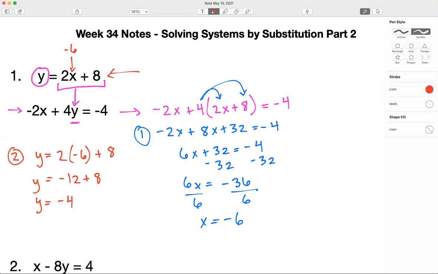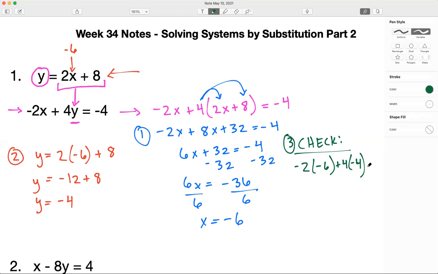If we want to check it for step 3, what we can do is plug both x and y into this equation to check. So here would be step 3, check. And so negative 2, and then x would be the negative 6, plus 4, y would be negative 4.